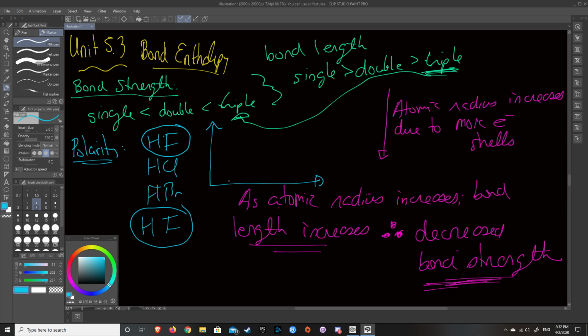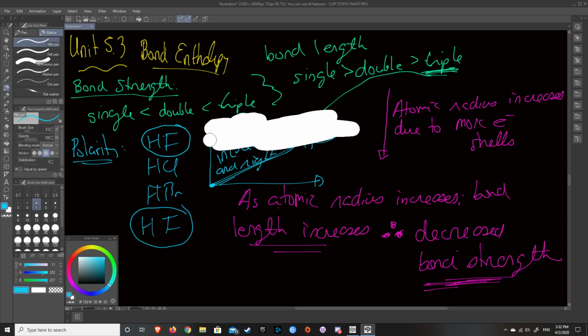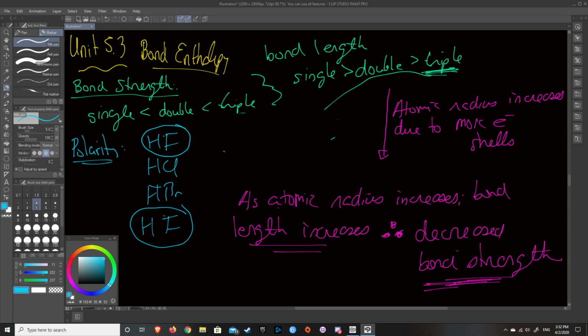If we look at our periodic table, it increases going up and to the right. As we go up the periodic table from the bottom left to the top right, electronegativity increases all the way up to fluorine, which is the king of electronegativity. So HF is a lot more polar than HI down here.